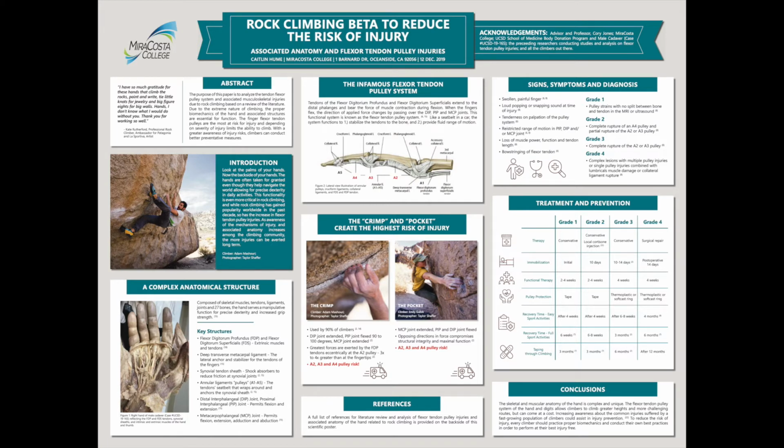When the fingers flex, the direction of applied force changes by passing over the DIP, PIP, and MCP joints of the fingers. This functional system is known as the flexor tendon pulley system, and like the seatbelt in a car, the system functions to stabilize the tendons to the bone and also provide a fluid range of movement.